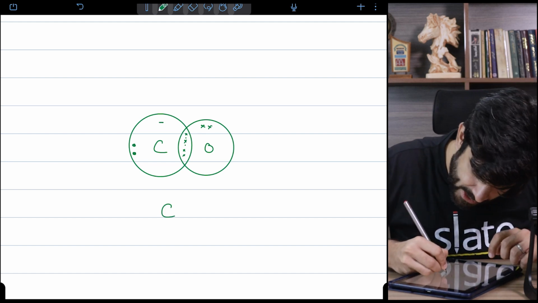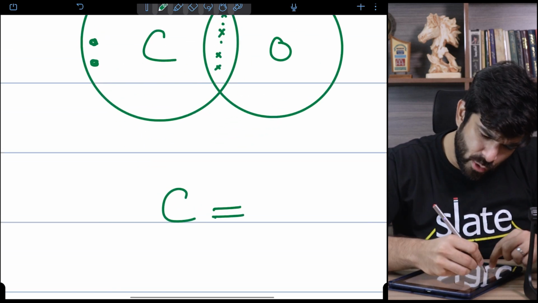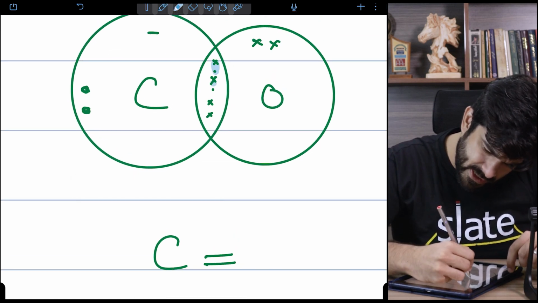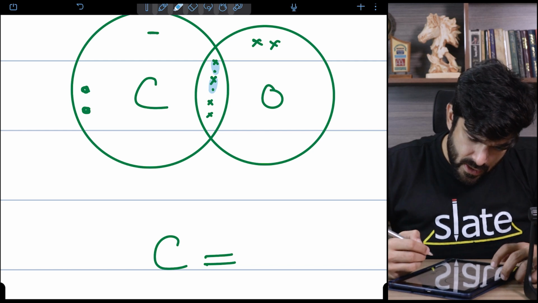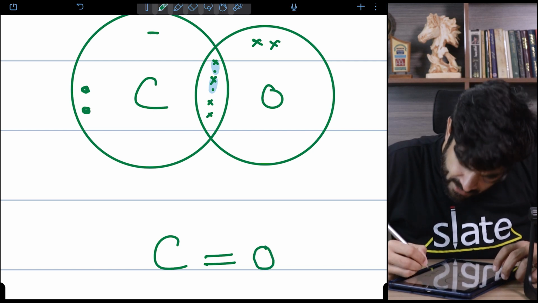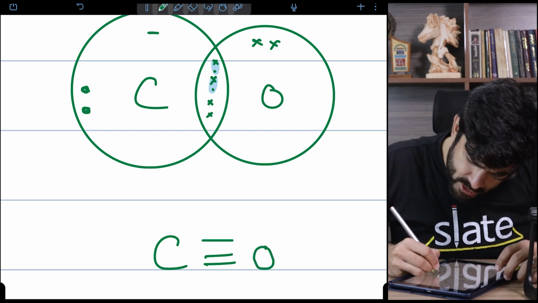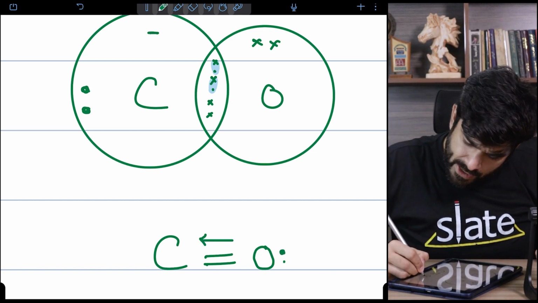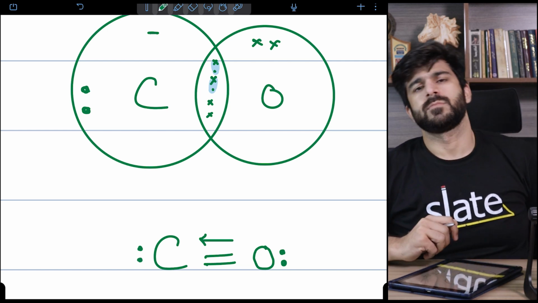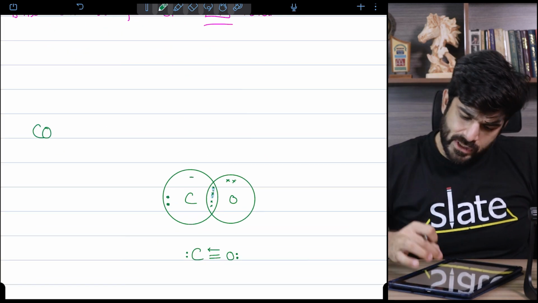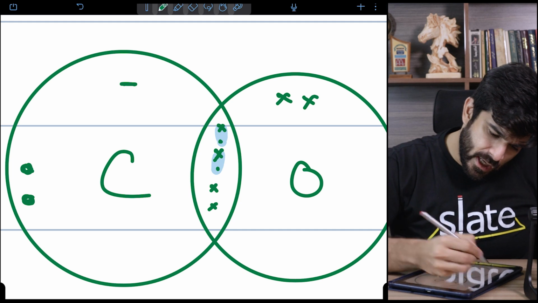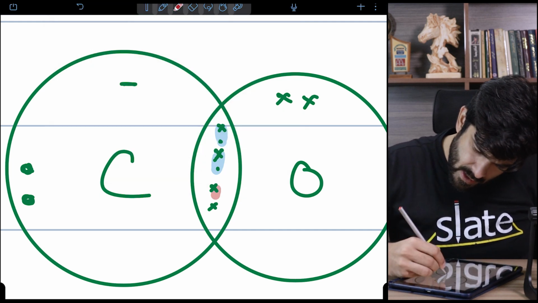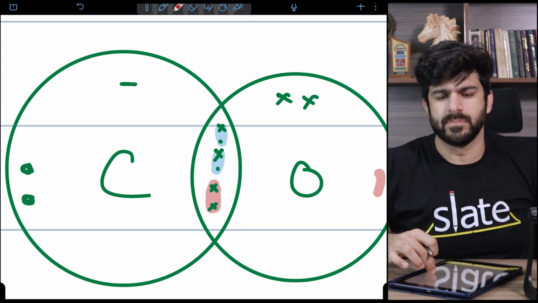So carbon monoxide has a double bond, which is due to this and this, 2 covalent bonds. And 1 dative covalent bond going from oxygen to carbon. That's from where the electron transfers. And 2 lone pairs each. So that is why we make the dot and cross. The double cross tells me that these 2 are from oxygen.